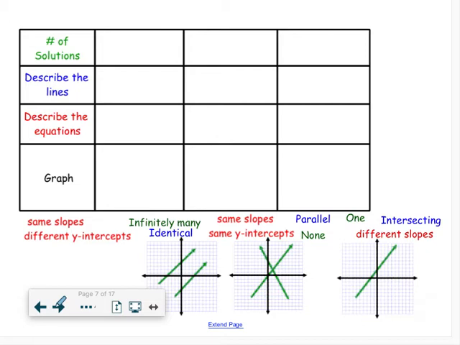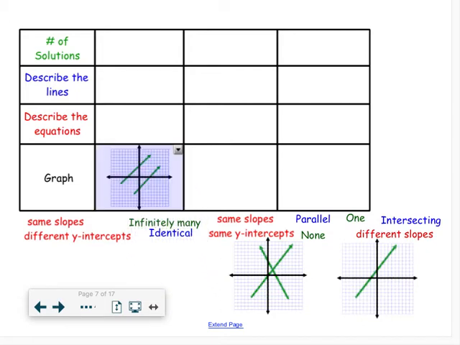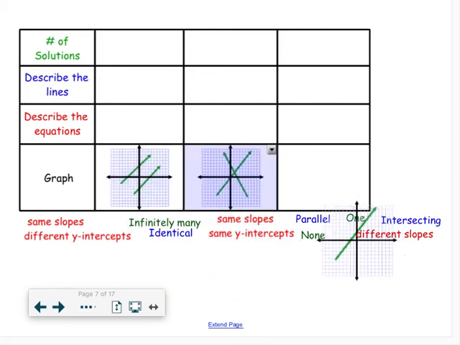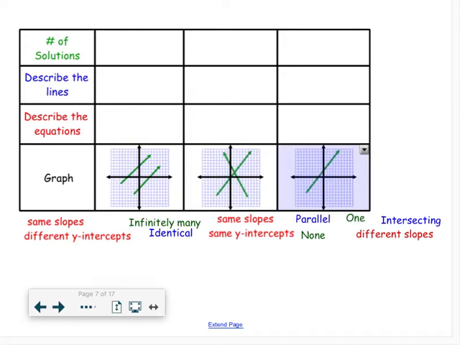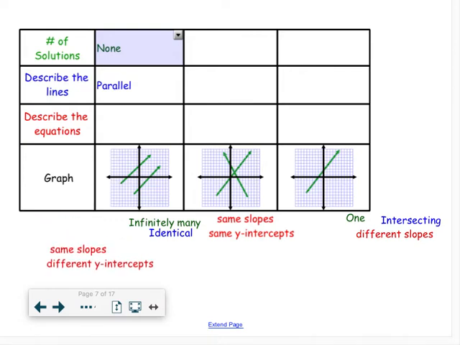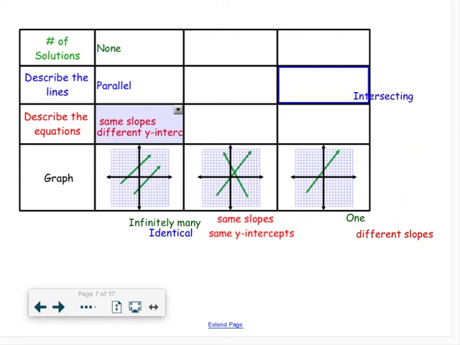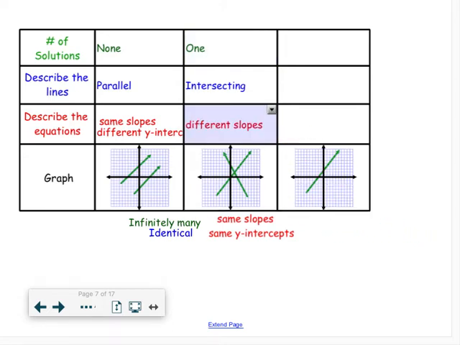Now we have a click and drag. I'm going to put the graphs in first. It doesn't matter what order you put those in. When the lines are parallel, there's no solution, and that happens when you have the same slope but a different y-intercept. When the lines are intersecting, there is one solution, and that happens when your slopes are different.